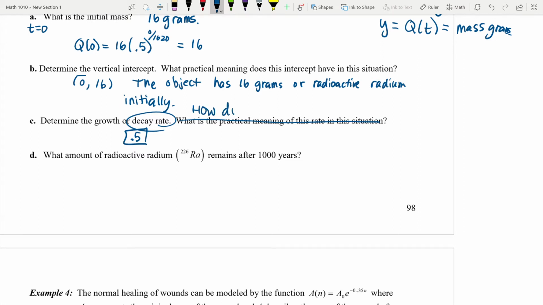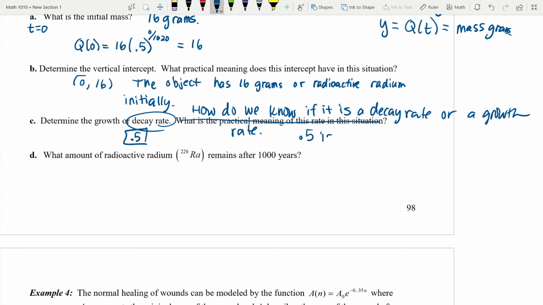How do we know if it is a decay rate or a growth rate? Okay, and I'm going to say 0.5 is less than 1, so it is a decay rate.